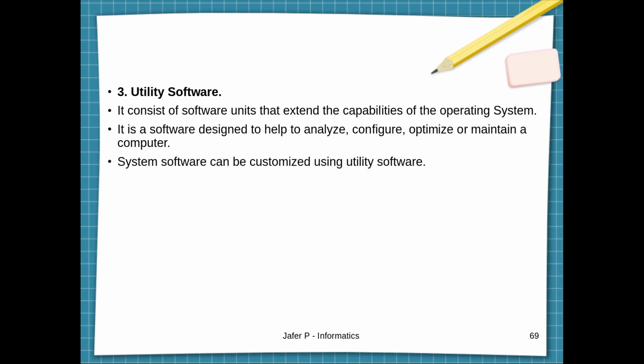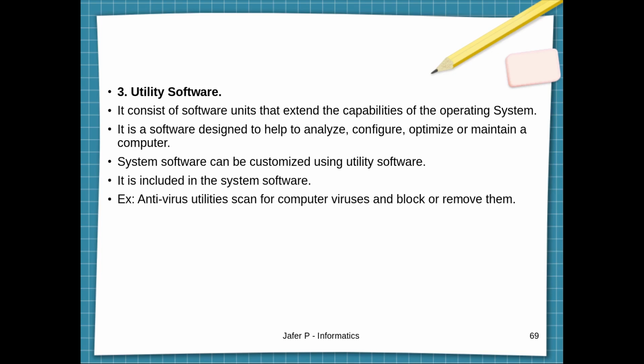So system software can be customized using utility software. It is included in the system software, right? Example, antivirus software. What is the purpose of antivirus software? It protects your system from viruses. It may attack through the internet or through peripheral devices, external devices, right?